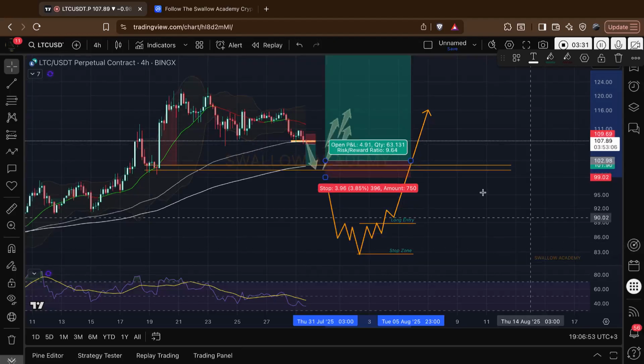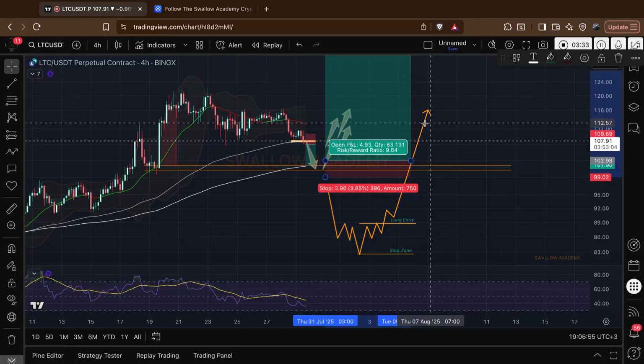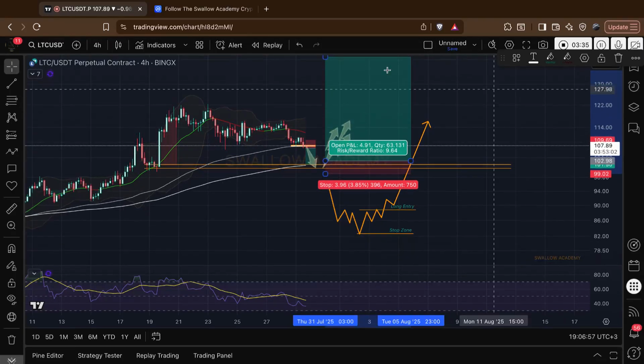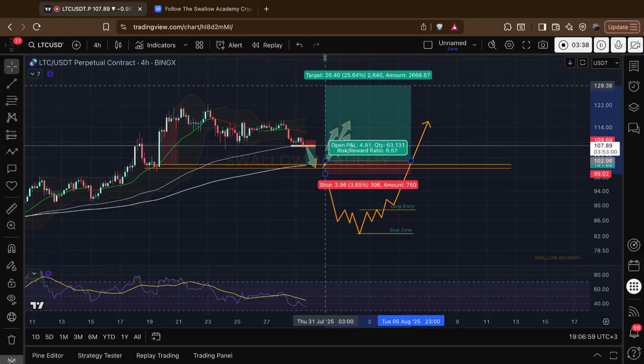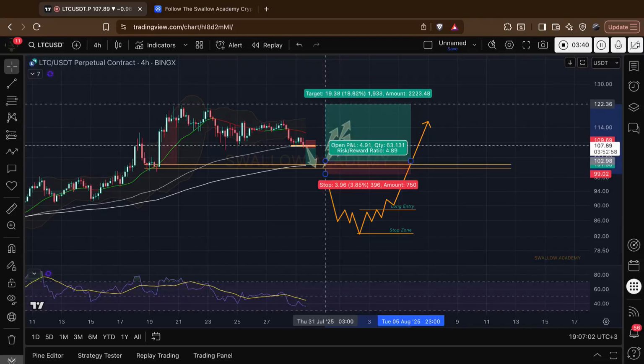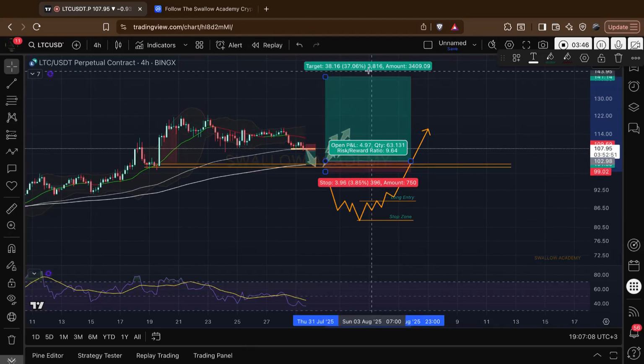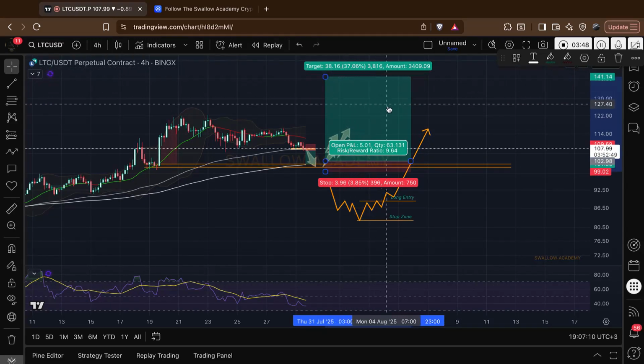So in this case, the risk and reward ratio is more than 1 to 5 basically. Even if we get back to this first target, the risk and reward ratio is, we can call it like 1 to 5. And with this, let's take a look, so 1 to 10 basically.